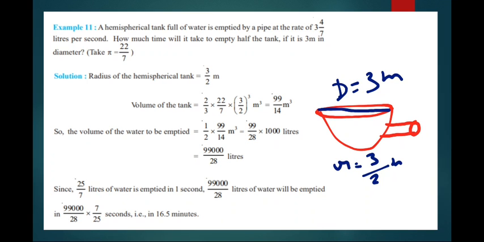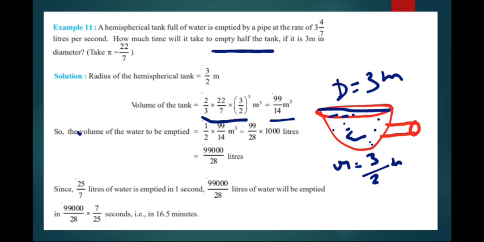So you can easily find the volume of water in this hemispherical tank. The volume of this tank will be 2/3 pi r cube, which is this one. Now you have to empty half of the tank.